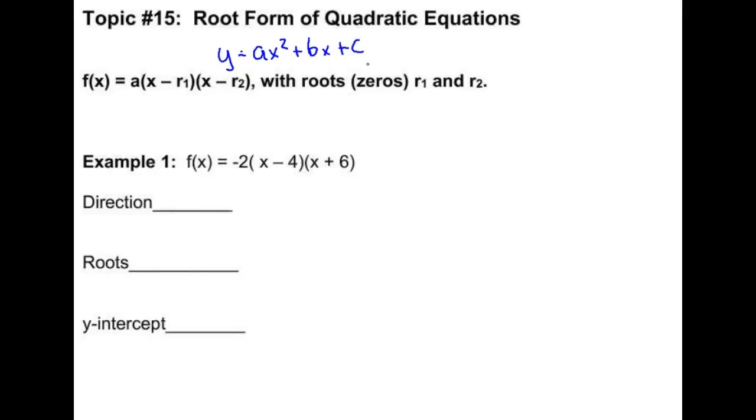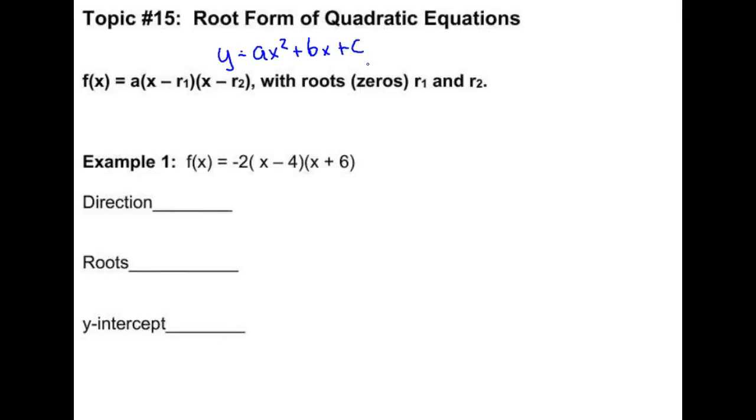Today we're going to go over the root form of the quadratic equation, which is a little bit different. It's f of x, or y, is equal to a times the quantity x minus r1 times the quantity x minus r2, where the roots of the equation are r1 and r2. Those are the zeros. The roots are the zeros.